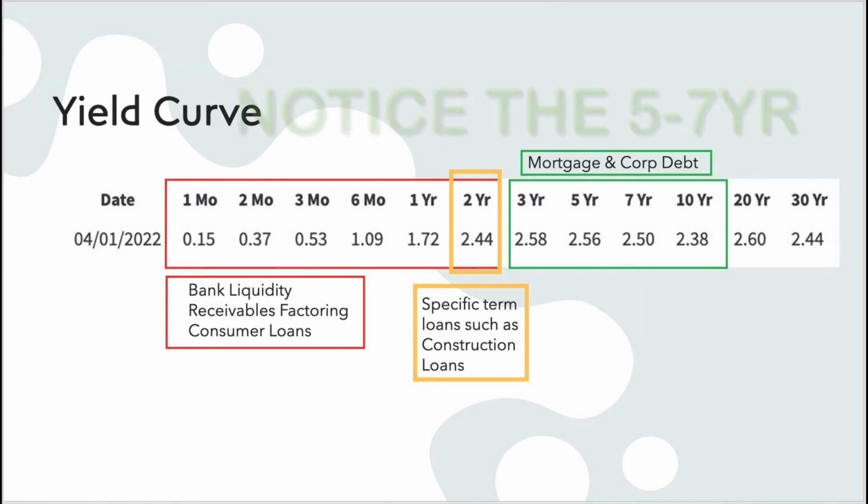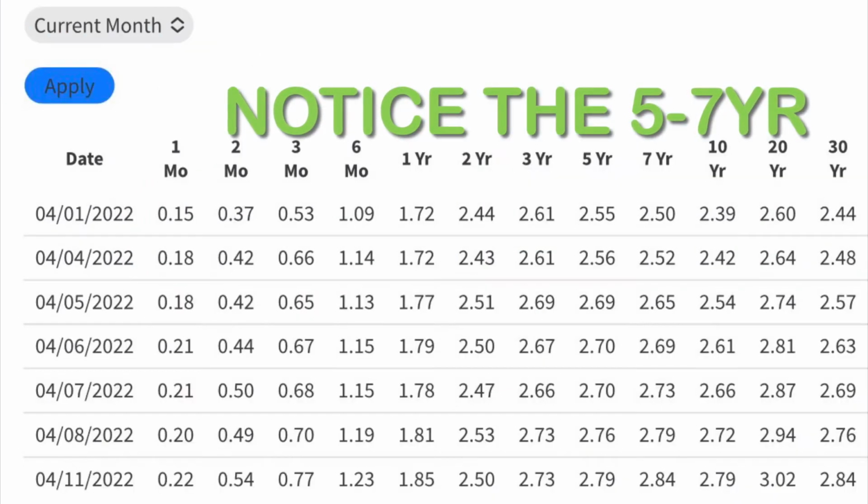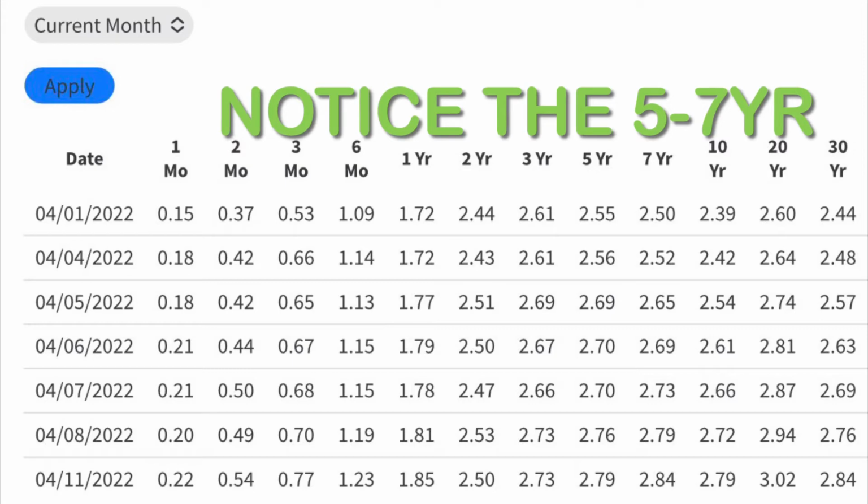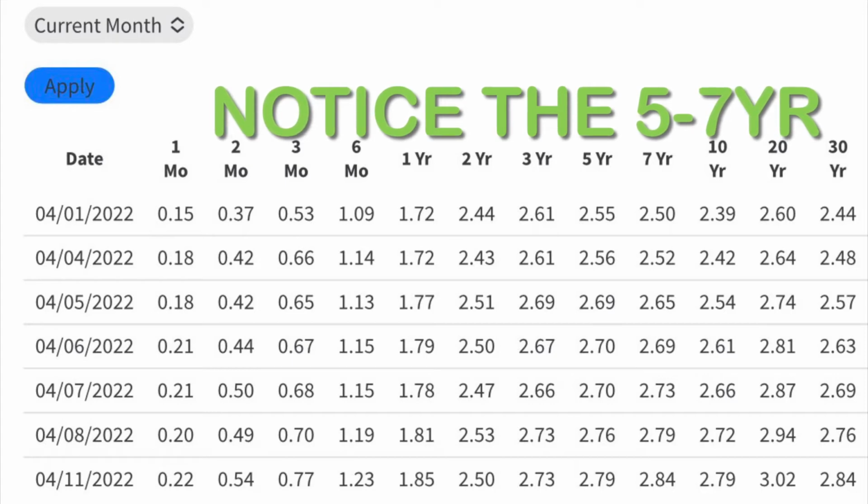Now here you can see the most recent yield curve numbers off the Fed website. And what you'll notice is that the 2s are trading slightly below the 10s. But more importantly, you can see that there are other places where there's a little bit of a peak. So for example, the 5s and 7s are above the 10s.